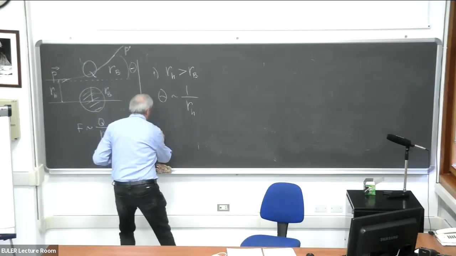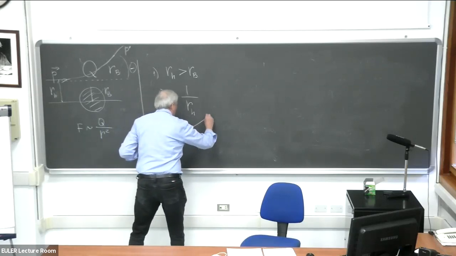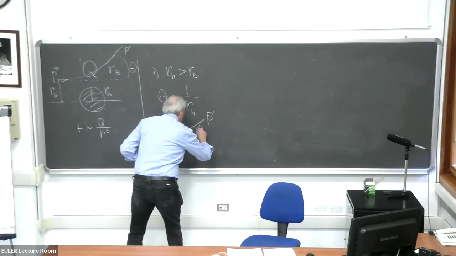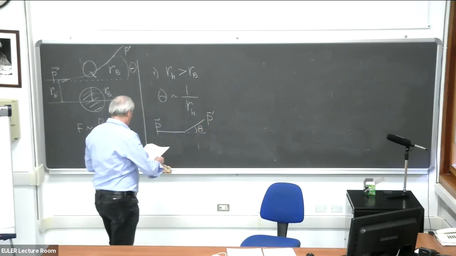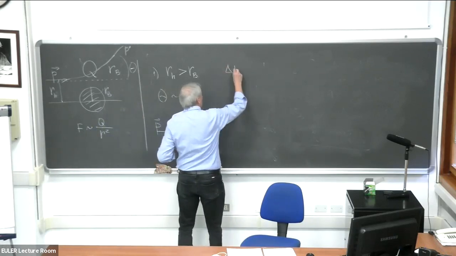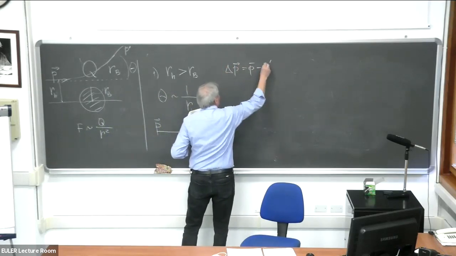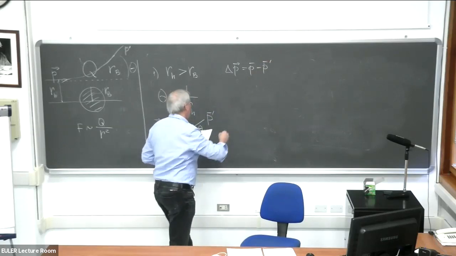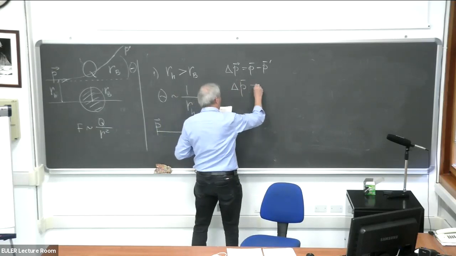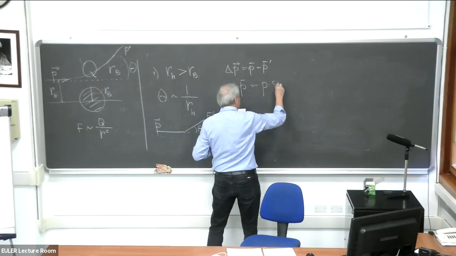So the picture is that we have the initial momentum, the final momentum of the probe particle, and this is the angle theta. We can introduce delta P, which is the change of the momentum. And this delta P equals P multiplied by sine theta.